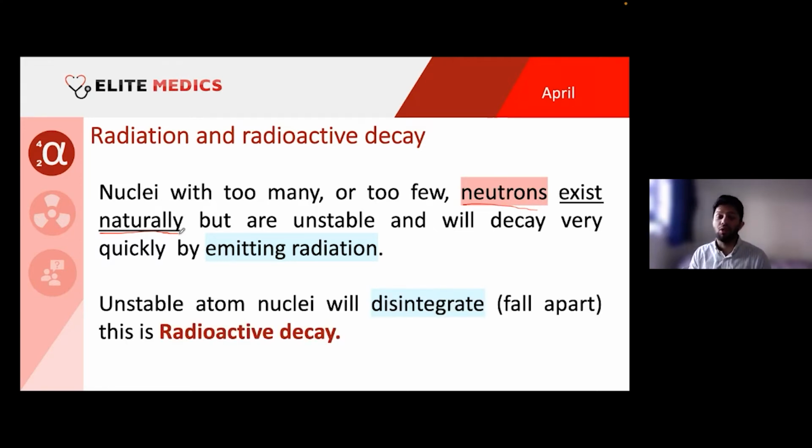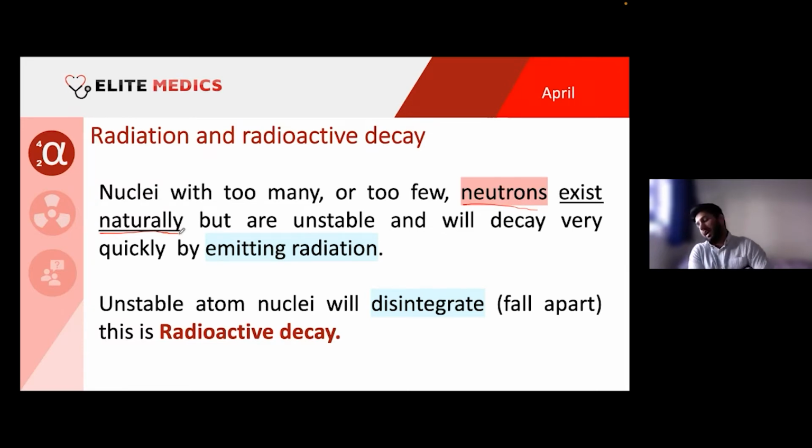Remember, too many neutrons in a nucleus or too few neutrons in a nucleus will lead to an unstable nucleus. There's got to be the right amount. They've got to be balanced. The proton number and the neutron number have got to be balanced, not necessarily equal to one another. That doesn't have to be true, and it's not something that you're ever going to be asked to figure out, how many neutrons does this need to be stable?